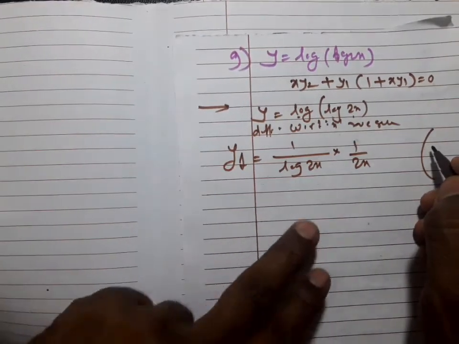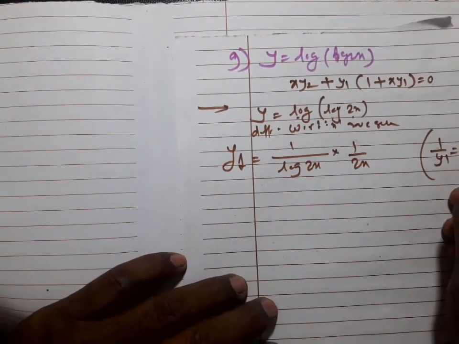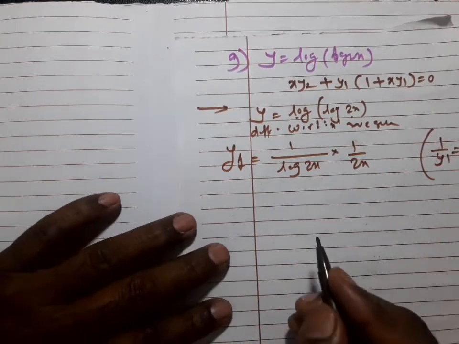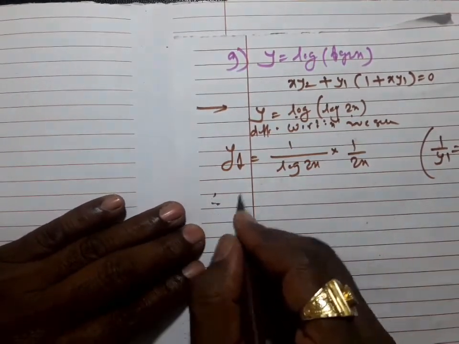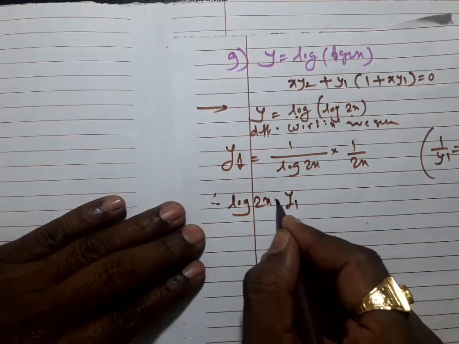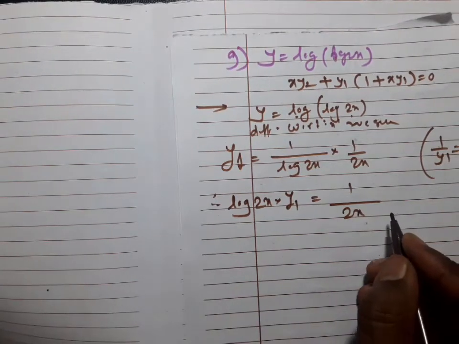This is nothing but, if you take y upon y1, it is log 2x into 2x. This we are going to use further. So this is nothing but log 2x y1, 1 upon 2x.